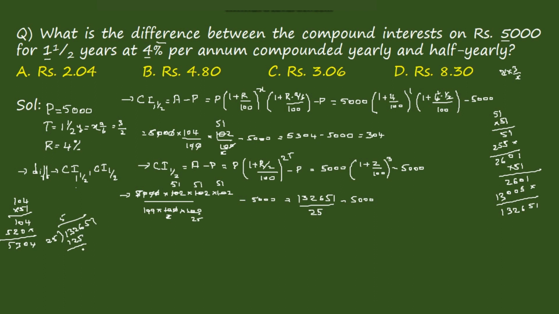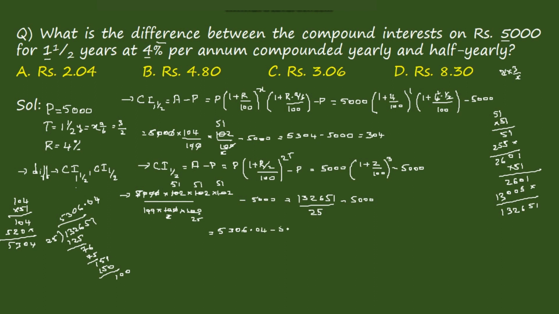Continue the division, and you can put the decimal point, add 0s, and it becomes 5306.04.